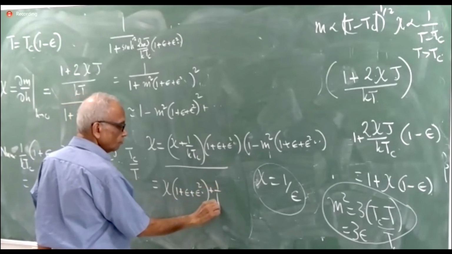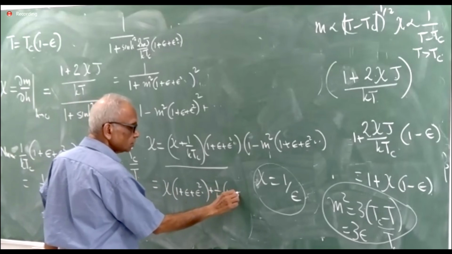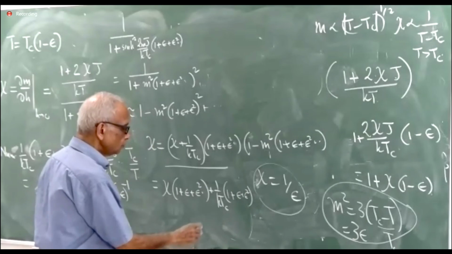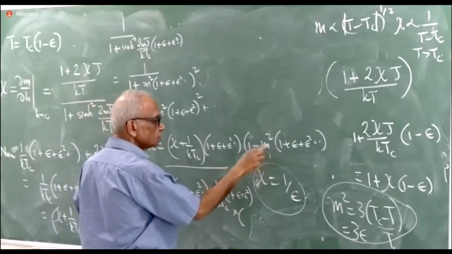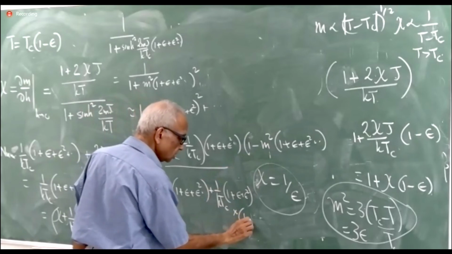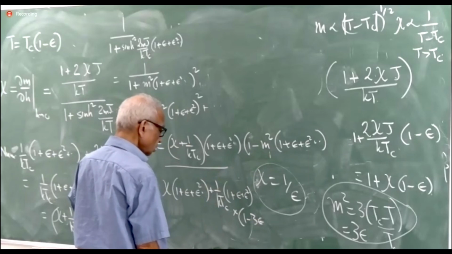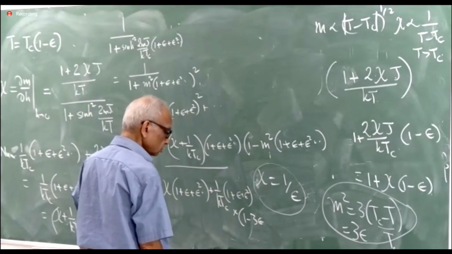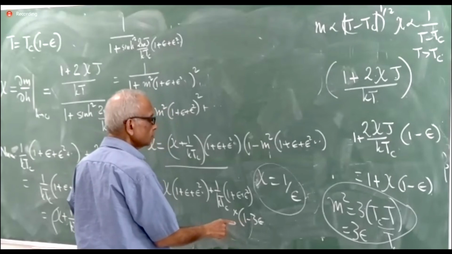So on 1 over kTc into 1 plus epsilon square into this term, into m square is 3 epsilon. So this is 1 minus 3 epsilon.